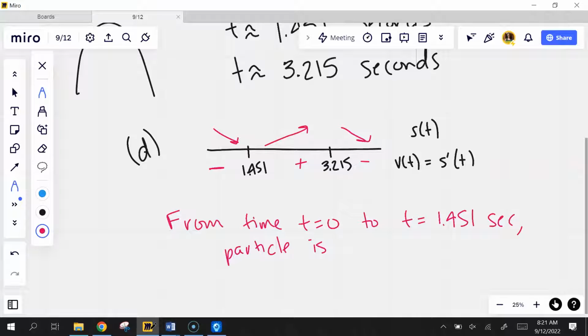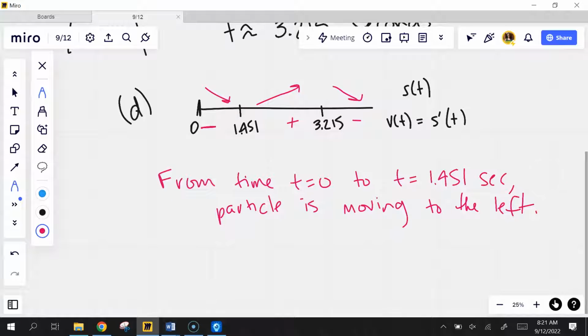Look at your sheet. If velocity is positive, the particle's moving right. If velocity is negative, the particle's moving left. So from 0 to 1.451, the particle is moving, you said backwards, moving to the left.